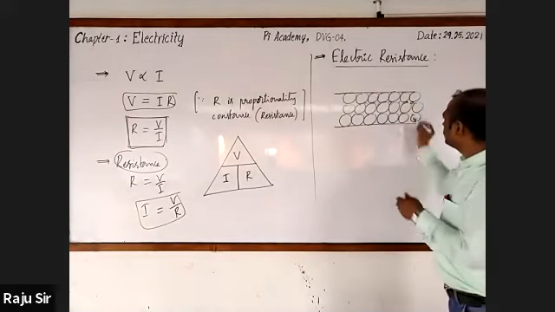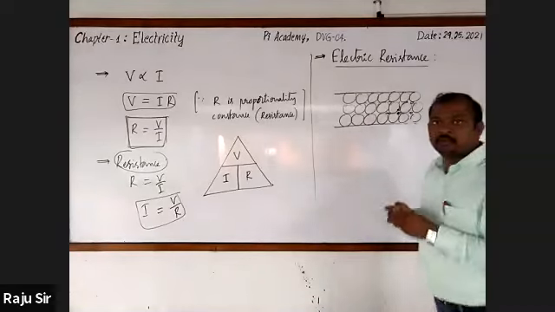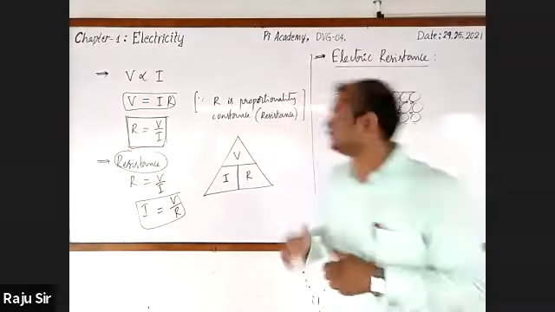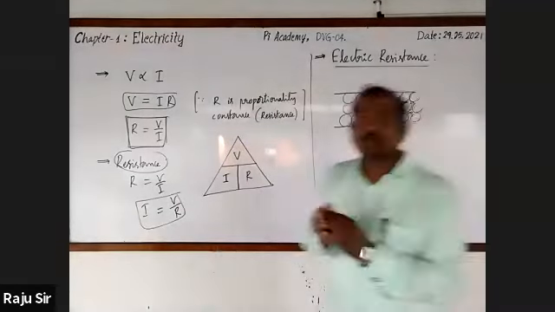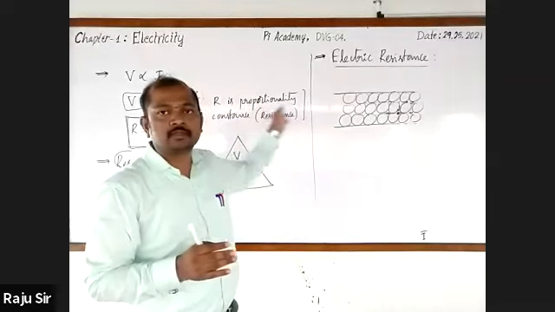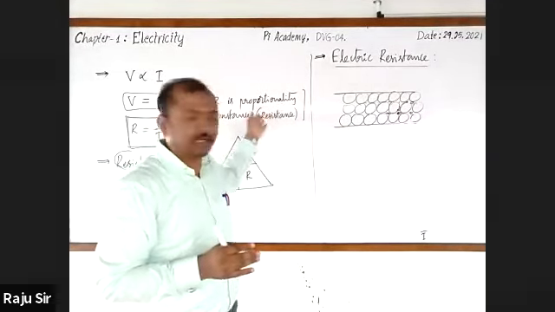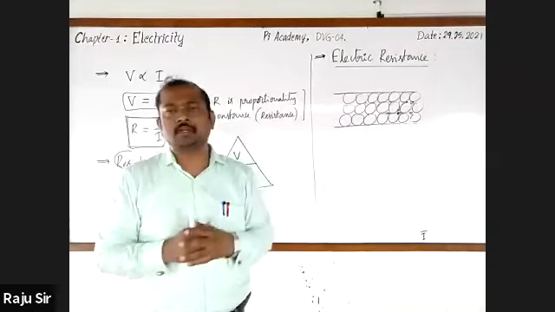When these electrons are moving, they often collide with the atoms. So these atoms will obstruct the flow of electrons in the conductor. And this is the common property for all the metals, all the conductors.